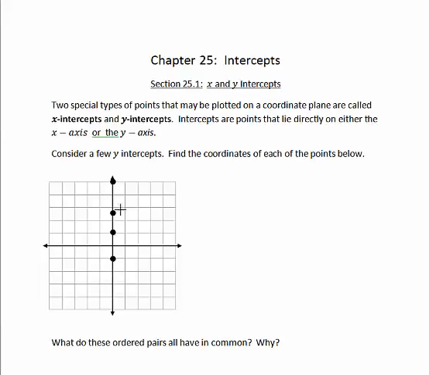Okay, so first let's take a look at the y axis. In this figure below we have a coordinate system, x and y axis, and we have some points plotted along the y axis. So let's take a look at the coordinates for each one.